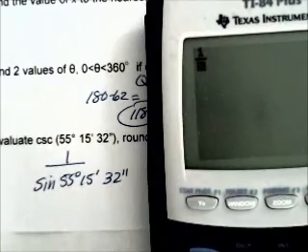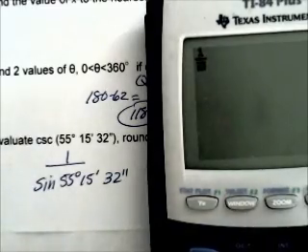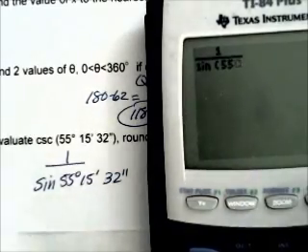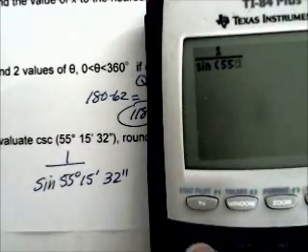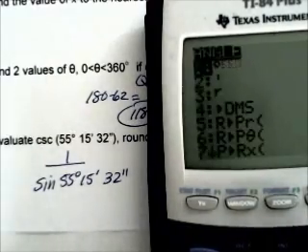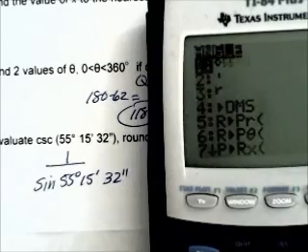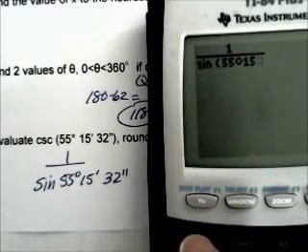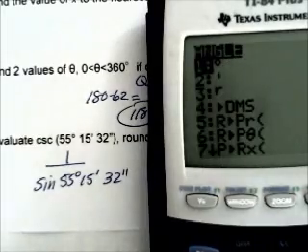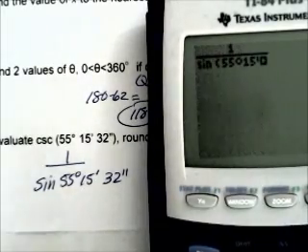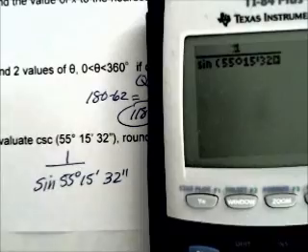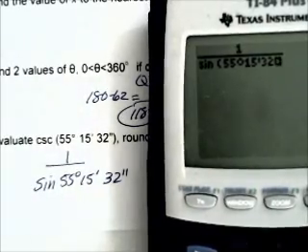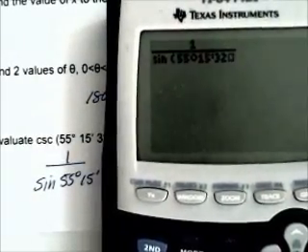We have to do second apps, number 1 for degrees, 15 minutes, second apps, and 32 seconds.